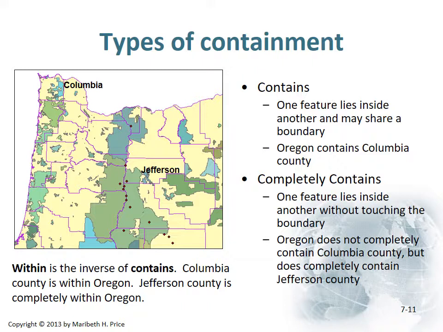Okay, so they're slightly different, but we're doing the same thing. We're seeing whether the boundaries of one feature encompass another, or if one feature is found within the boundaries of another. So contains or within. They're both giving us similar types of responses, but we're phrasing the question differently.